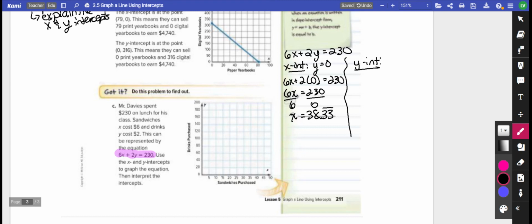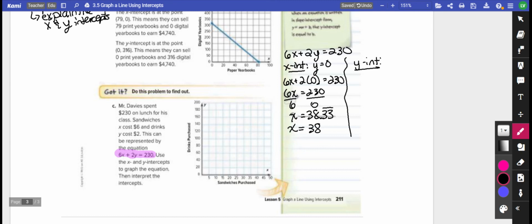Because it isn't a whole number, I am going to round that to 38, just because you can't have part of a sandwich. You can only have whole sandwiches.